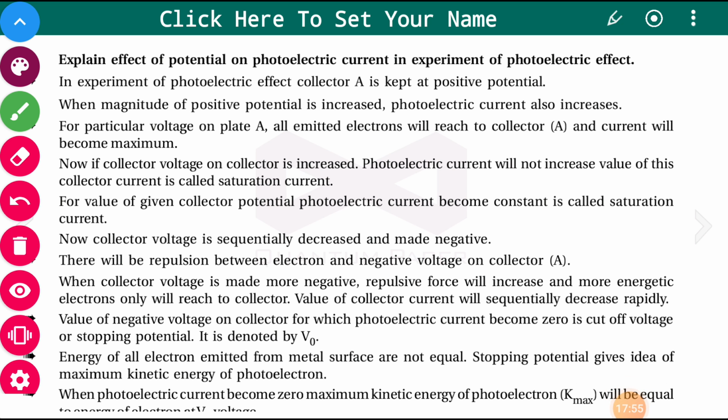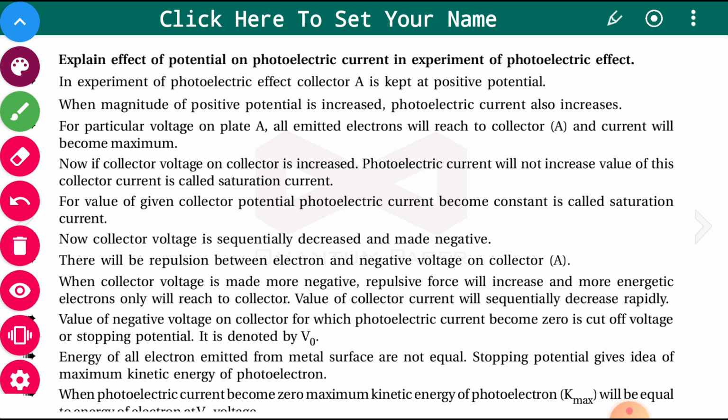Now explain the effect of potential on the photoelectric current in the experiment of photoelectric effect. Now see, in the experiment of photoelectric effect, collector A is kept at positive potential.